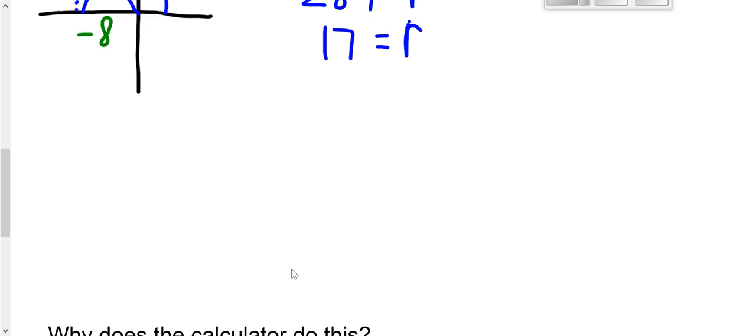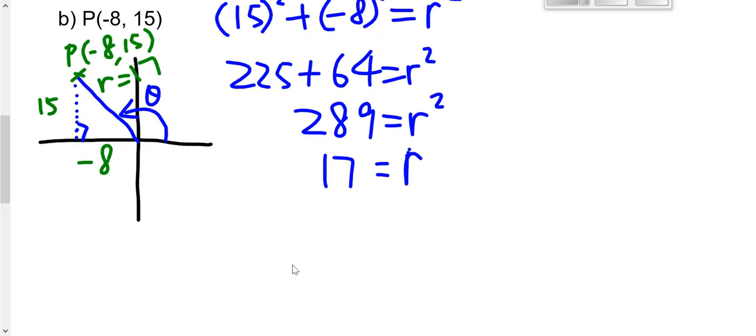Let's quickly set this up here. For sine, it is opposite over hypotenuse.